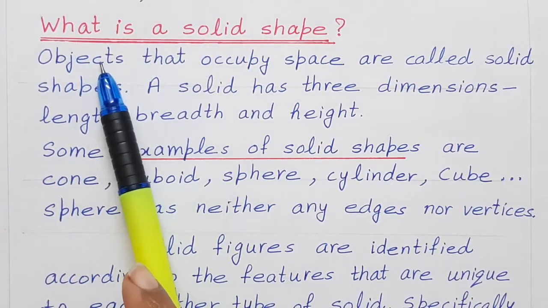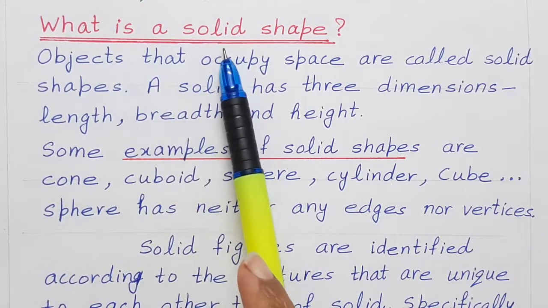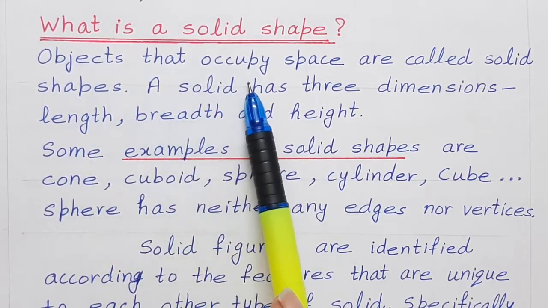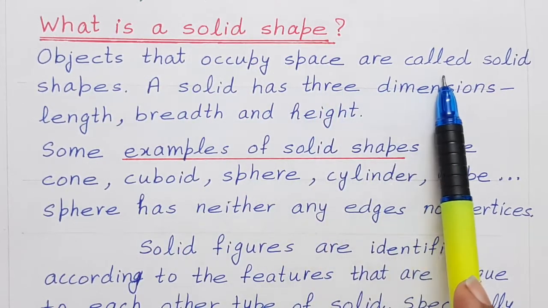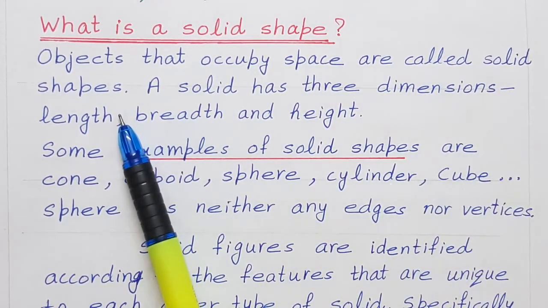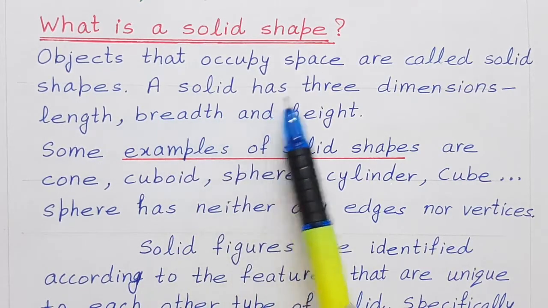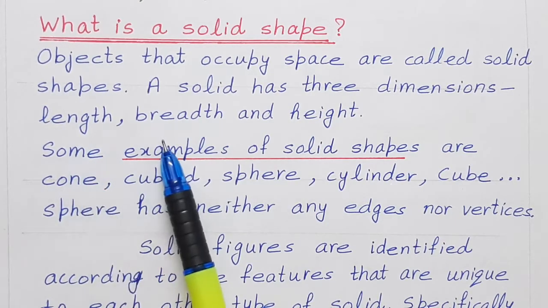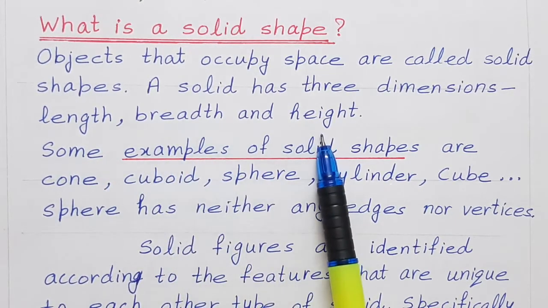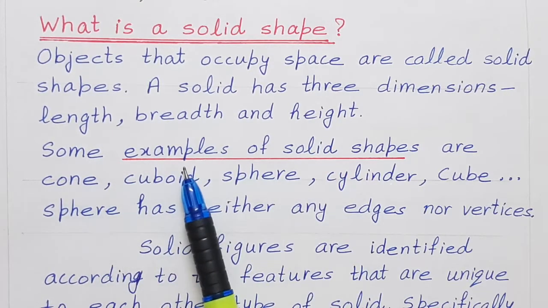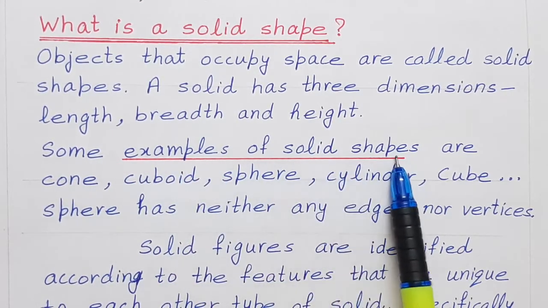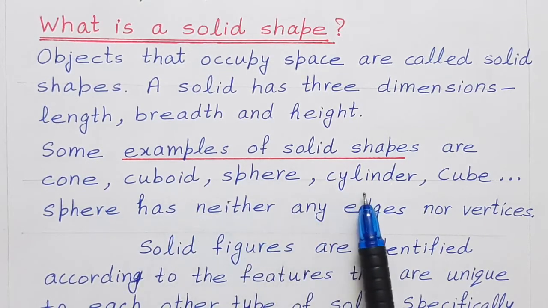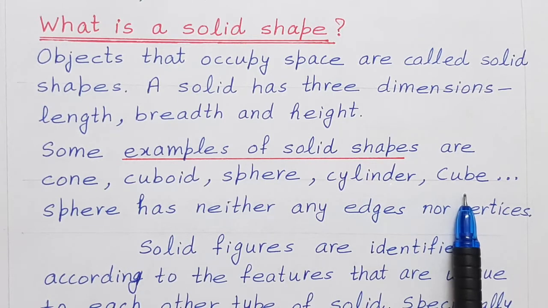Now let us discuss what is a solid shape. Objects that occupy space are called solid shapes. A solid has three dimensions, that is, length, breadth and height. Some examples of solid shapes are cone, cuboid, sphere, cylinder, cube. Clear?